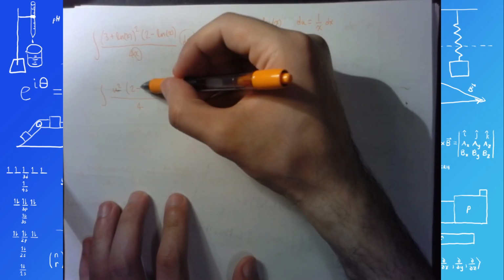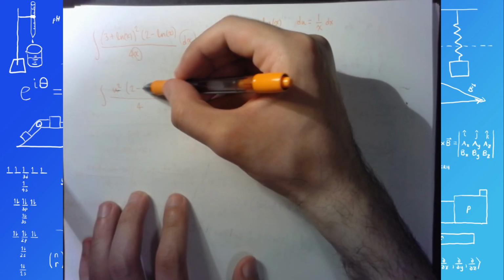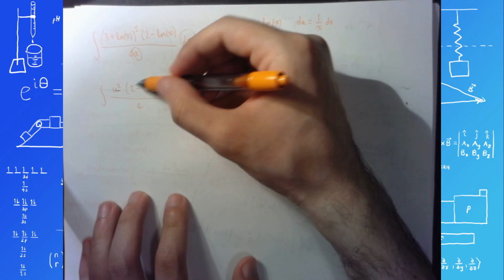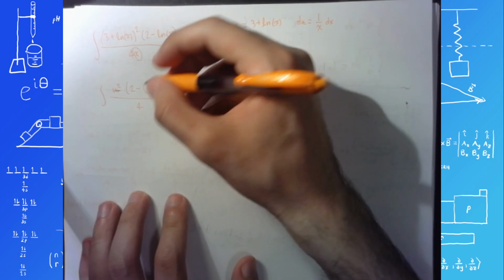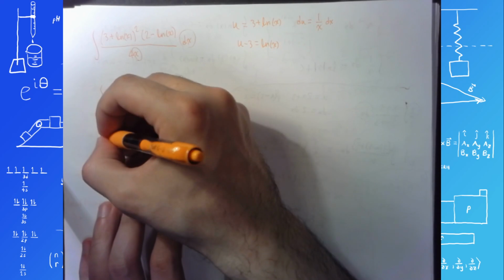Okay. And then 2 minus (u minus 3), well, 2 minus negative 3 is 5, so that's going to be 5 minus u. And the 4, I guess I could factor it out of the entire integral.